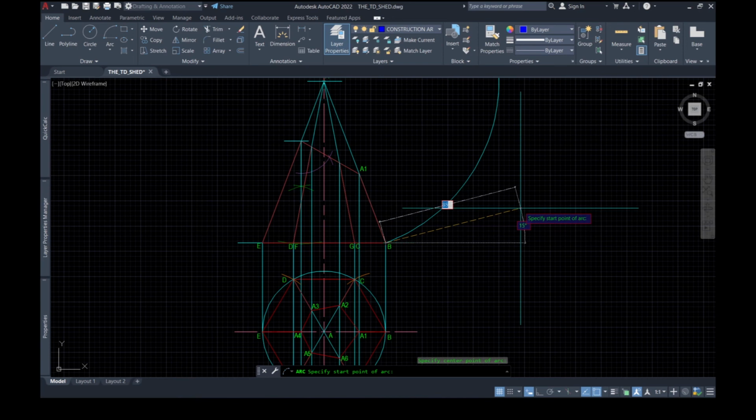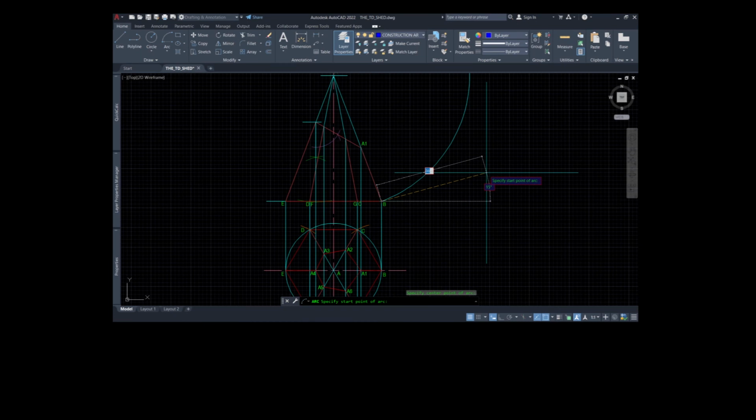We first start our arc command. We specify our center, and at this point we are going to specify the radius of our arc, which is 37.5 millimeters.